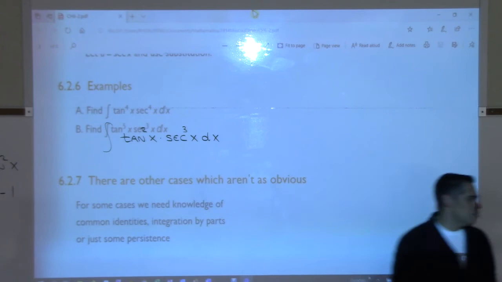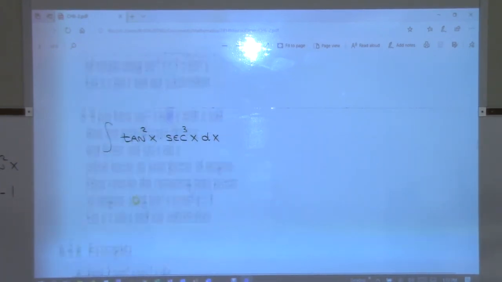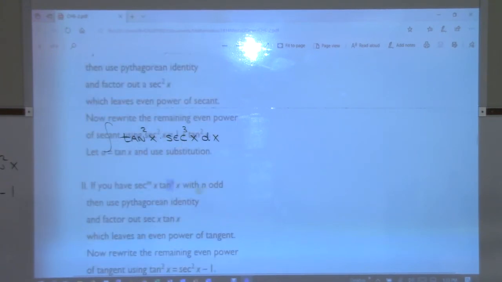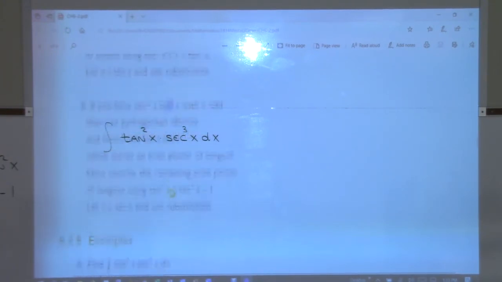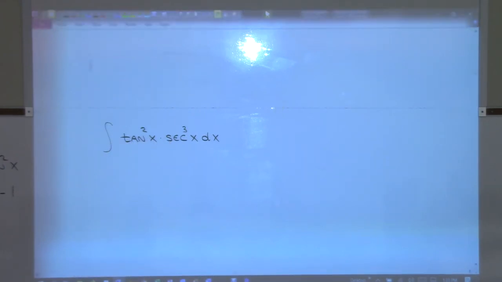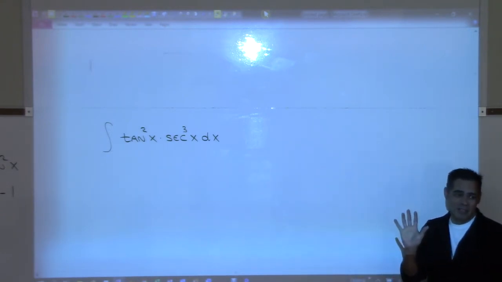We're just making this problem up, because if you follow the method here, do we have an even power on secant? No. Do we have an odd power on tangent? No. I just made this problem up, so let's see what happens.